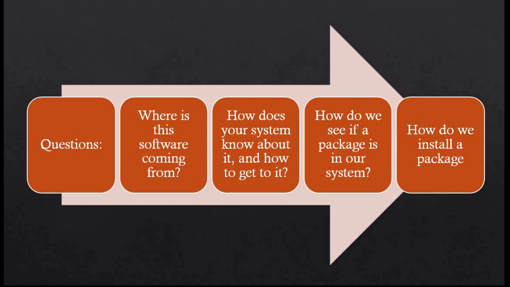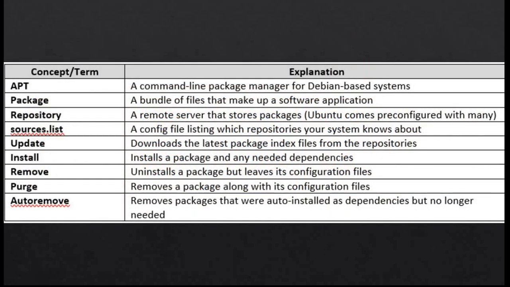Now first, before we go any further, let me talk about some core definitions that we need to know to fully grasp package management in Ubuntu. First of all is apt, a command line package manager for Debian-based systems like Ubuntu. We also need to know what the word package means. It's a bundle of files that make up a software application or tool.